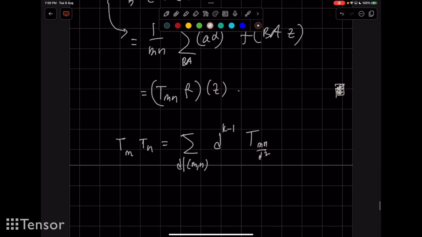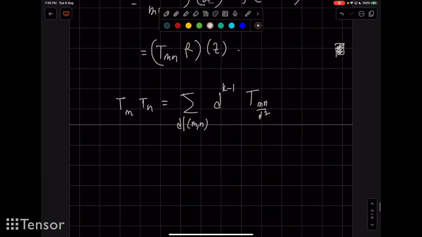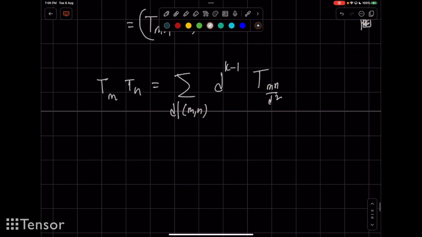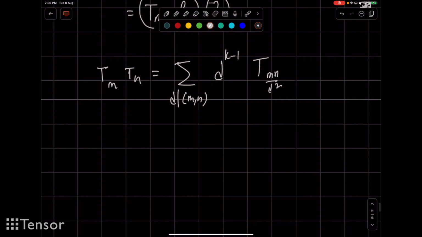So if you want to learn more about Hecke operators, I have a very beautiful book written by Tom Apostol: Modular Functions and Dirichlet Series in Number Theory.